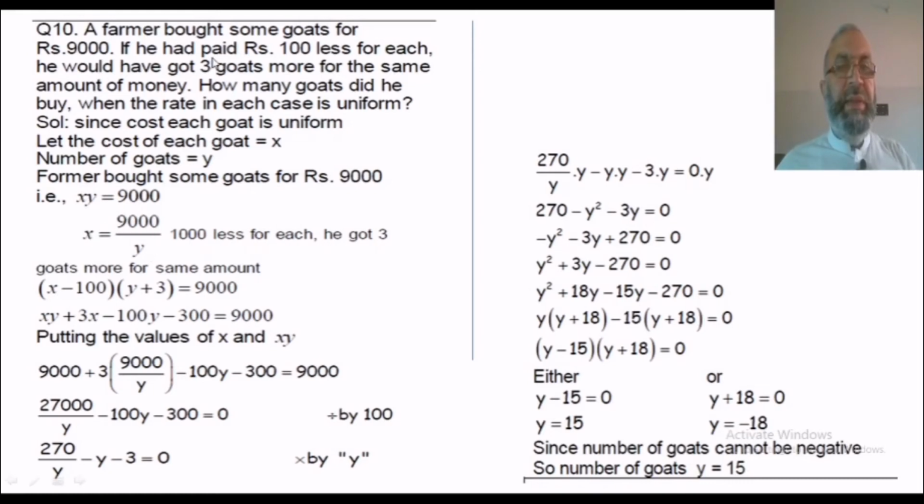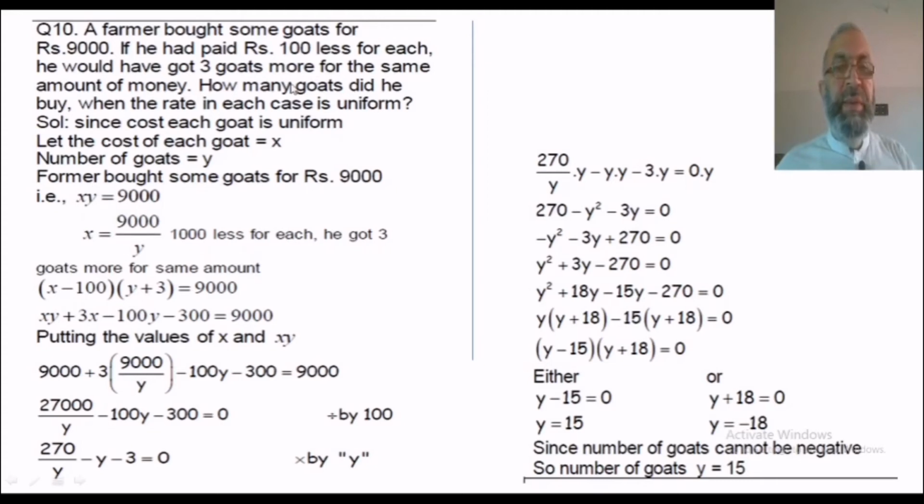Now the next condition: if he had paid 100 less for each goat, the price becomes x minus 100, because originally we supposed the price of each goat is x.